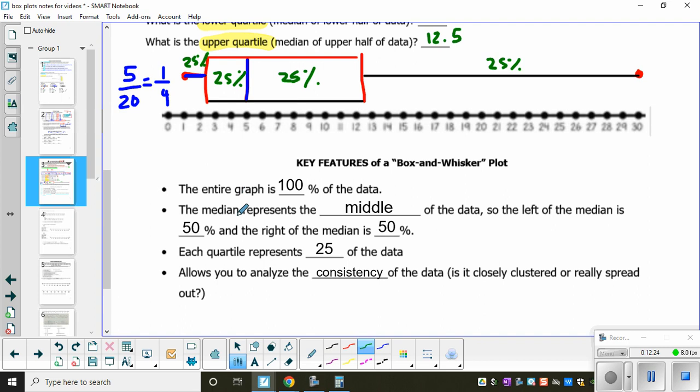We just said that each quartile represents 25% of the data, a fourth of the data. And this allows you to analyze the consistency of your data, which again means to see if it's really closely clustered together or if it's really spread out like this part of the plot is. So that's what's going on with a box and whisker plot.